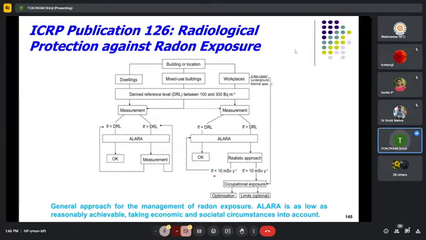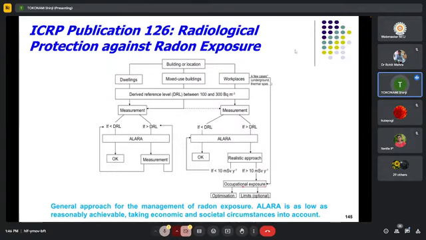If the annual dose is below 10 millisievert per year, we go back to the ALARA, and if not, we have to consider the occupational exposure.